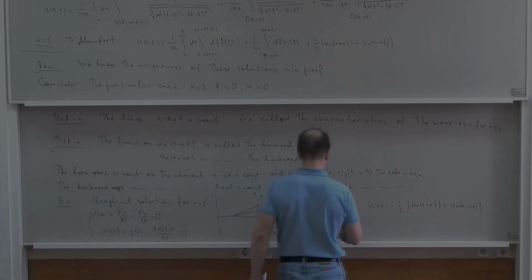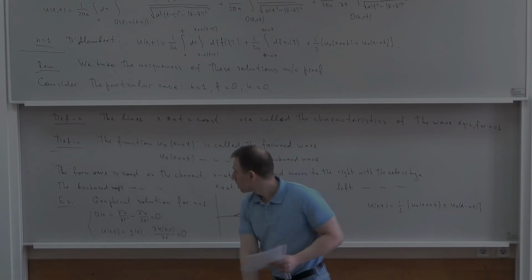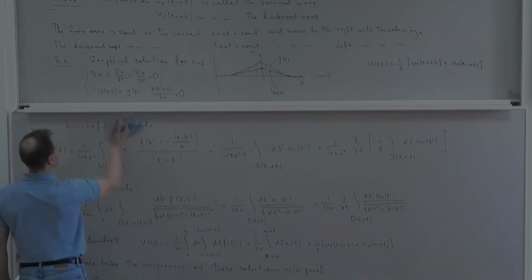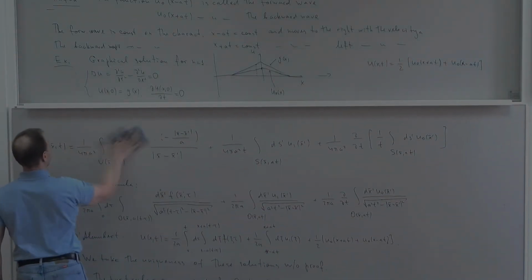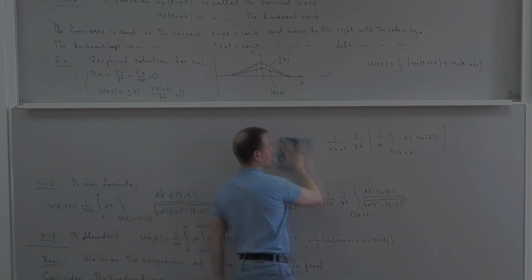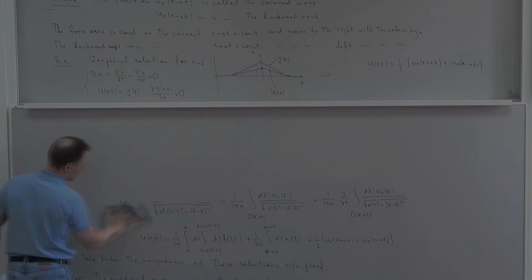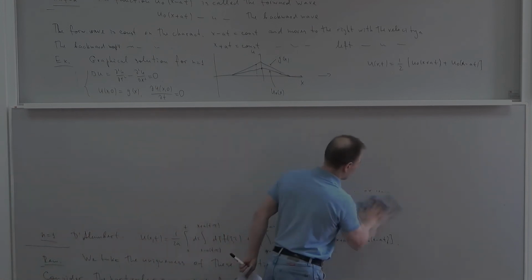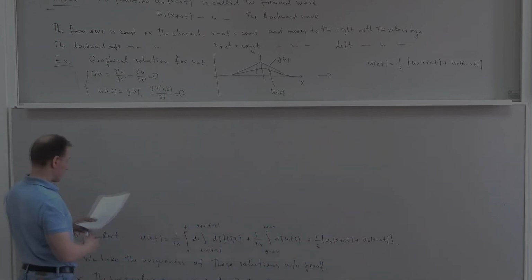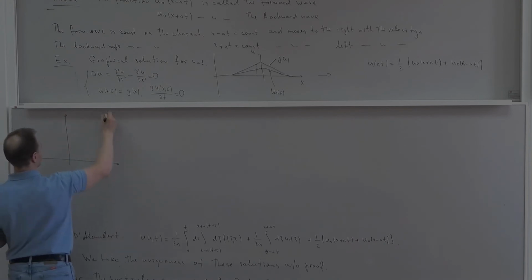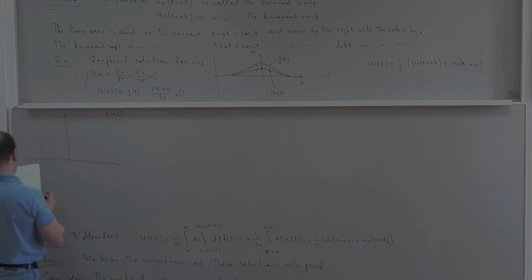That is, when t is greater than 0, we can draw the following picture. For example, such a form.